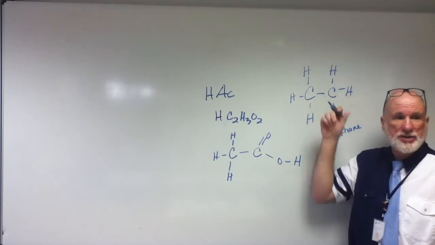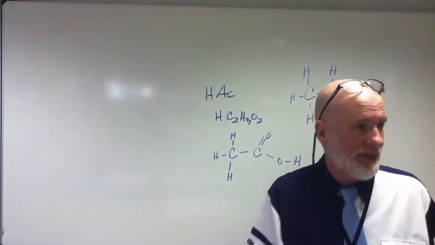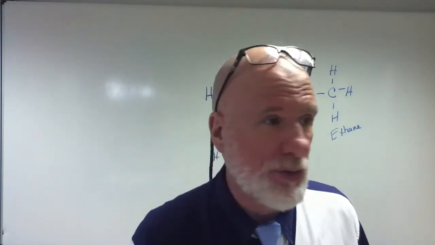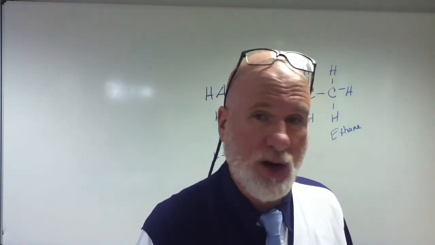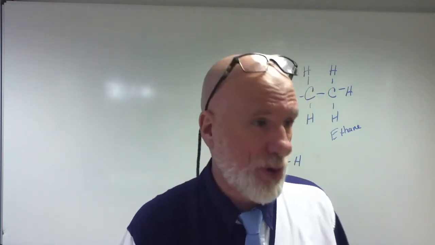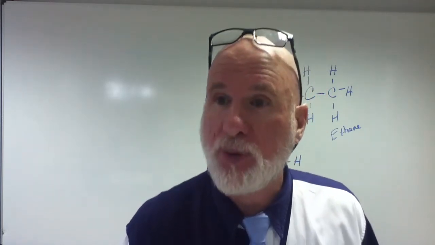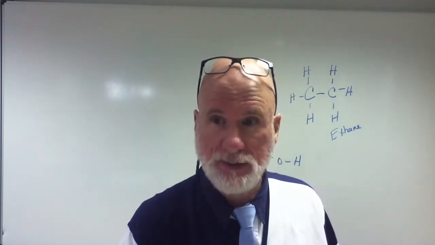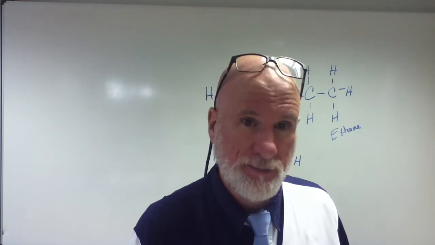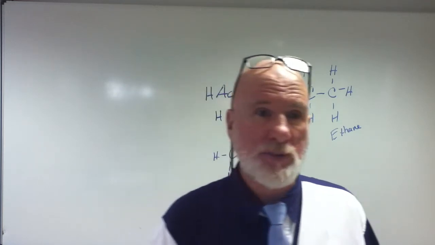Ethane for 2 carbons. 1 carbon would be methane, right? A 1-carbon alcohol would be methanol. A 2-carbon alcohol would be ethanol. A 3-carbon is propane, and a 3-carbon alcohol would be propanol, etc. Butanol, right?